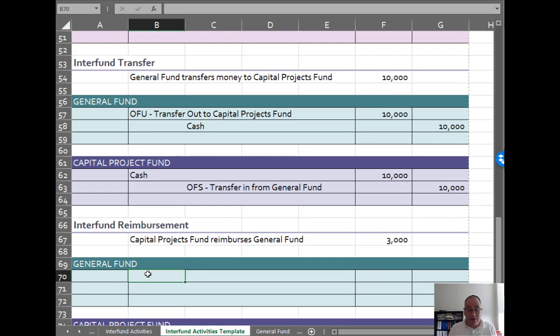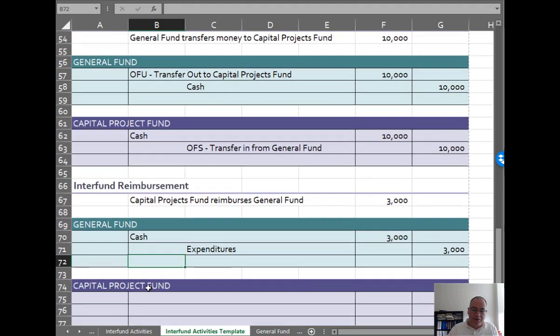And now the capital project fund is going to pay them. So the general fund is going to debit cash for $3,000 and credit expenditures for $3,000. And the capital project fund is going to debit expenditures for $3,000 and credit cash for $3,000.